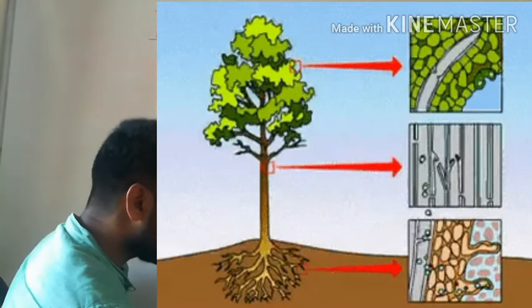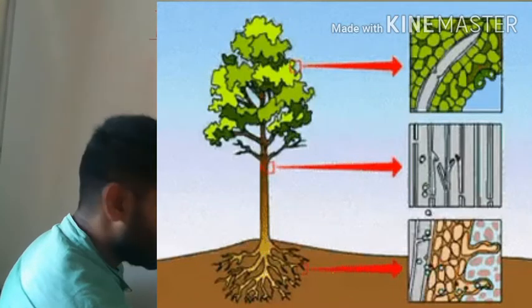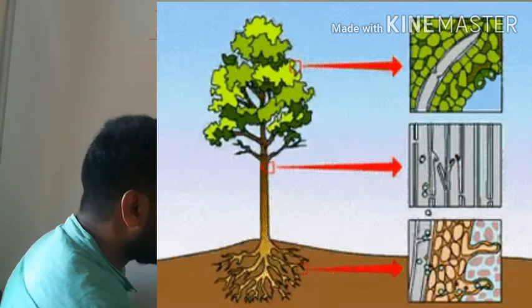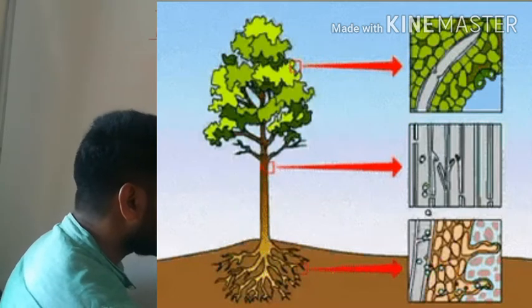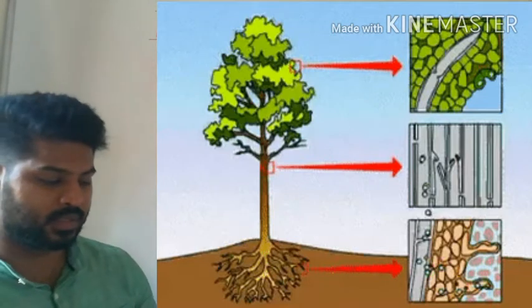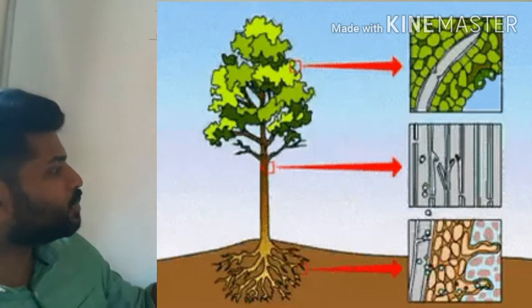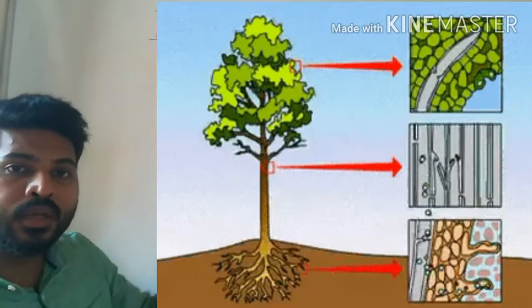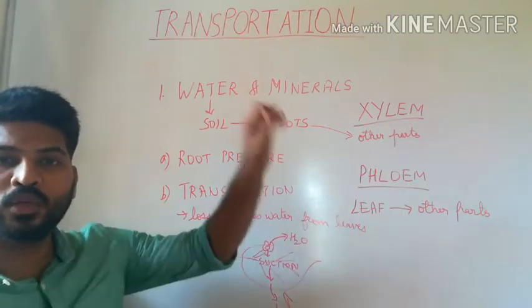Because of this transpirational pull, water can then be pulled up to higher parts from the roots into the leaves. Therefore, transpiration plays an important role in movement of water from roots to the leaves.